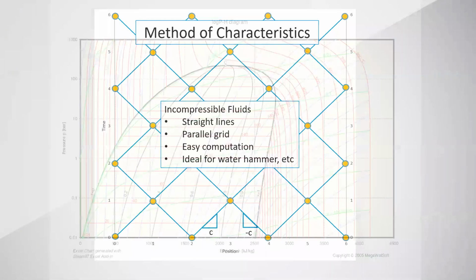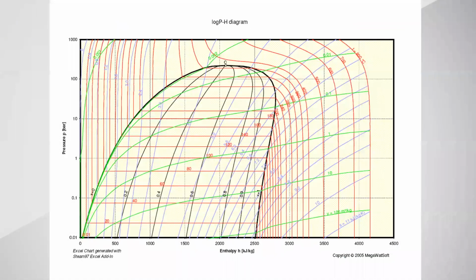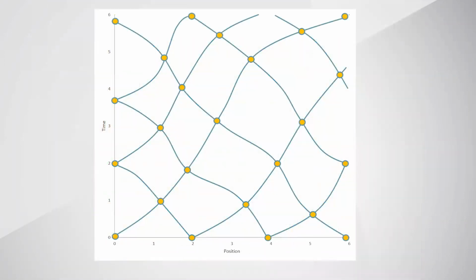But it's not so good for compressible flow, because real gases, real compressible fluids, are highly nonlinear. What that means is that our characteristics become curved, and the intersection points could be located anywhere in this position versus time diagram.